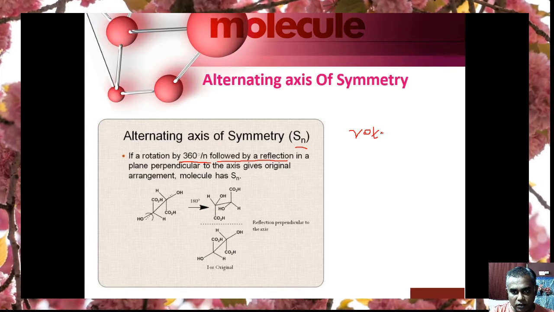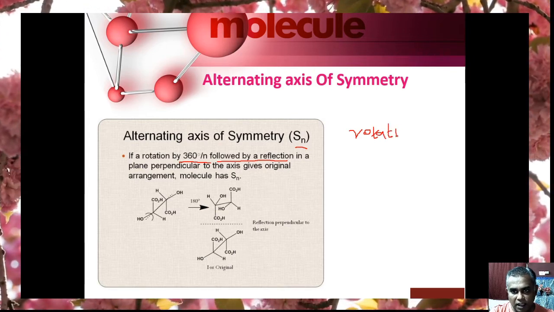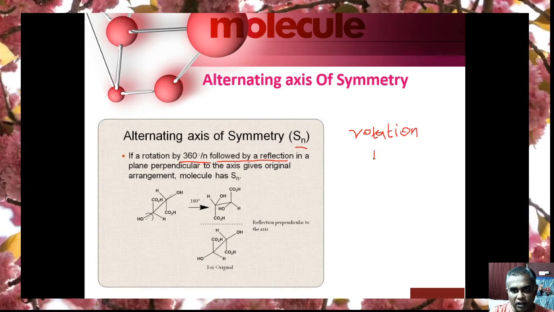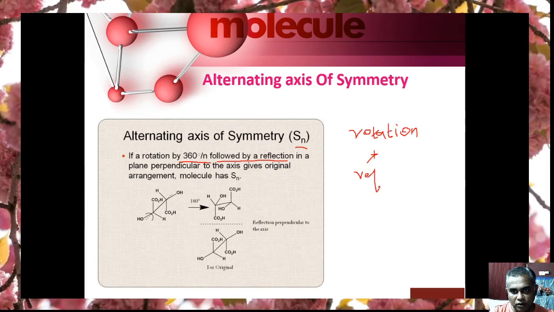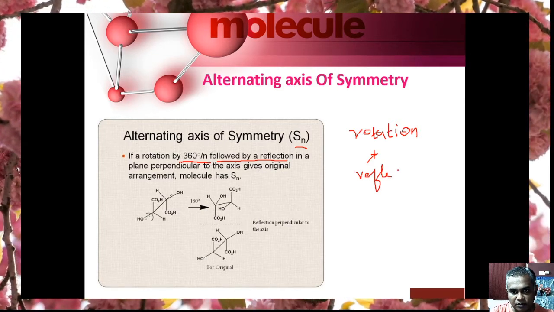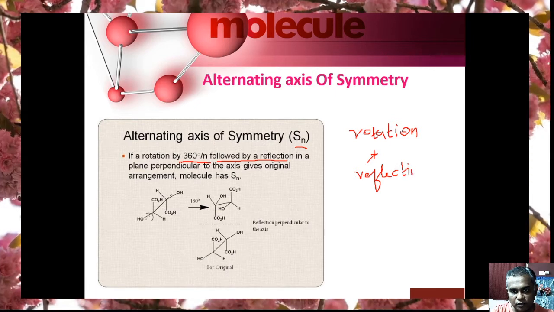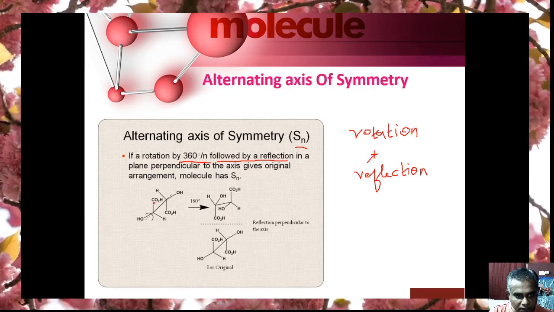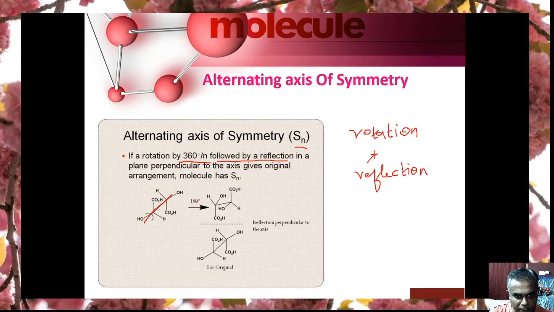If a molecule is taken and we perform a rotation, after the rotation we have to do a reflection. Reflection is something you show in the mirror, or you place a mirror and you reflect. So we are going to do a rotation. You can see here we are rotating this molecule along this axis by 180 degrees.